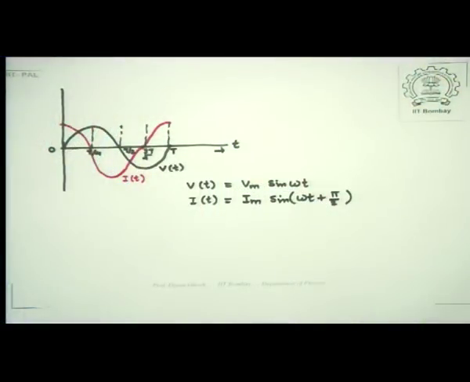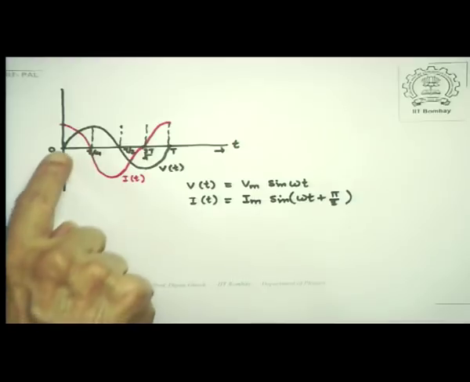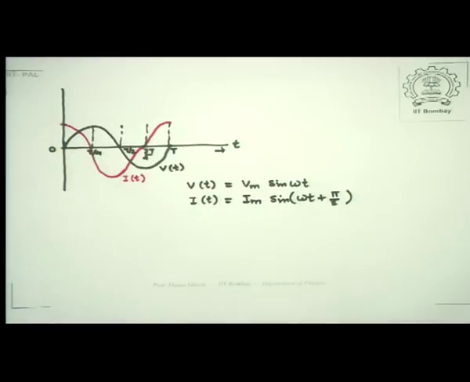Just want to point out that these are representative curves, in the sense it is not as if the voltage is switched on at time t equal to 0, but basically as the circuit is still on, we take the time t equal to 0 at some instant where the voltage is 0 and the current is positive maximum.